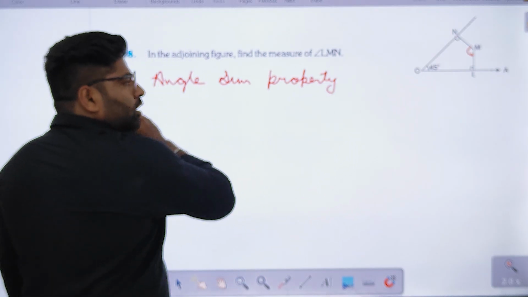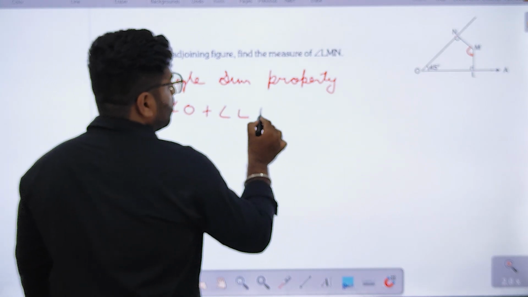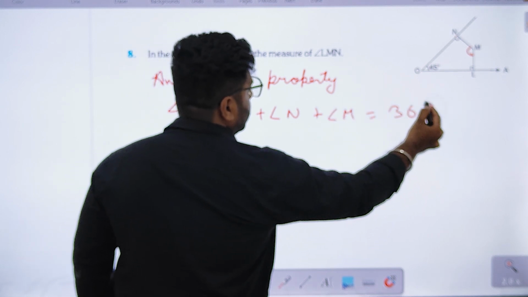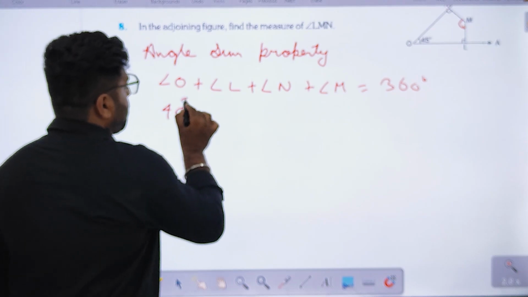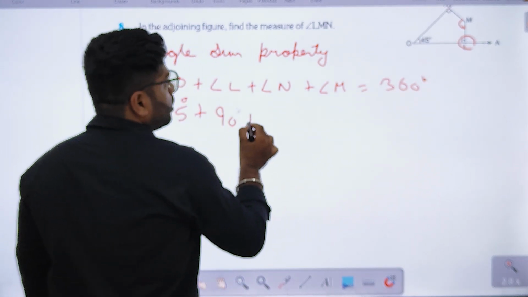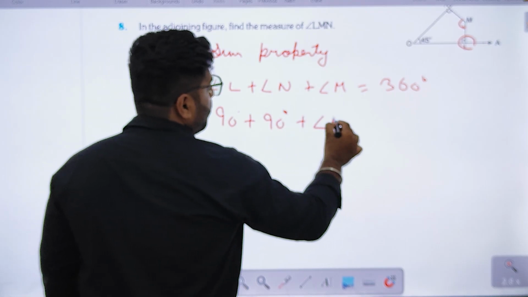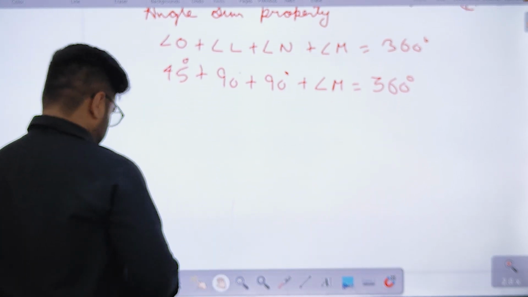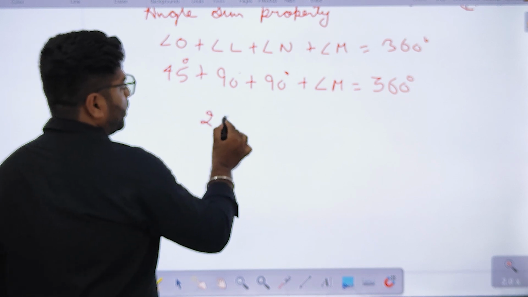Clear? So angle O plus angle L plus angle M plus angle N is 360 degrees. Now angle O is 45 degrees. Angle L is 90 degrees. Then angle N is 90 degrees too. And angle M. Now 45 plus 90 plus 90, that is 180, 225.